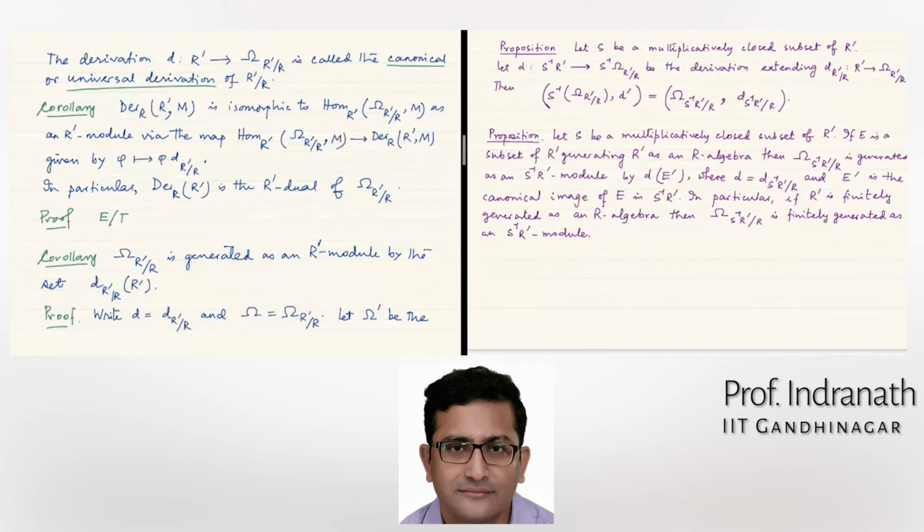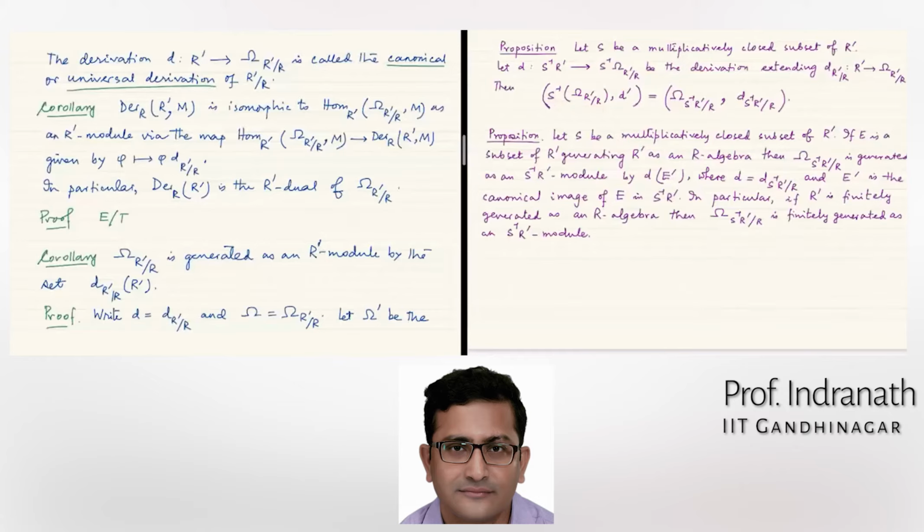When you have a ring of fractions, if S is a multiplicatively closed subset of R dash, which is an R algebra, and D from S inverse R dash to the module of Kähler differentials of S inverse R dash over R is the derivation extending this derivation, then the module of Kähler differentials for this extension S inverse R dash over R is basically the localization of the module of Kähler differentials of R dash over R with respect to S, and that's it.